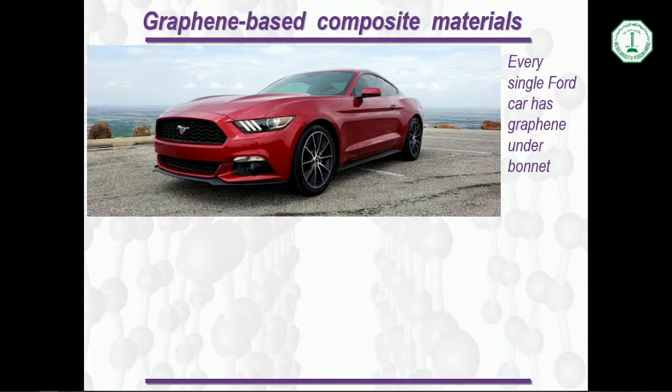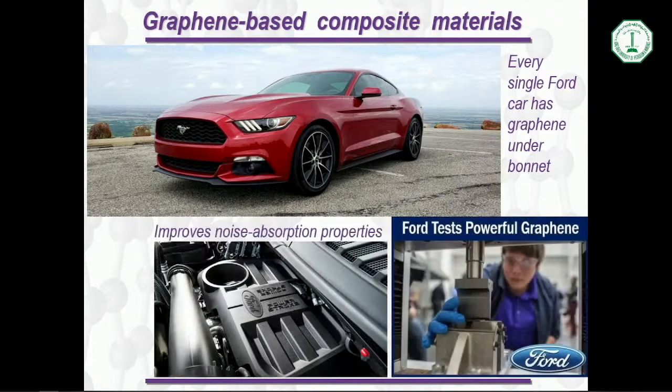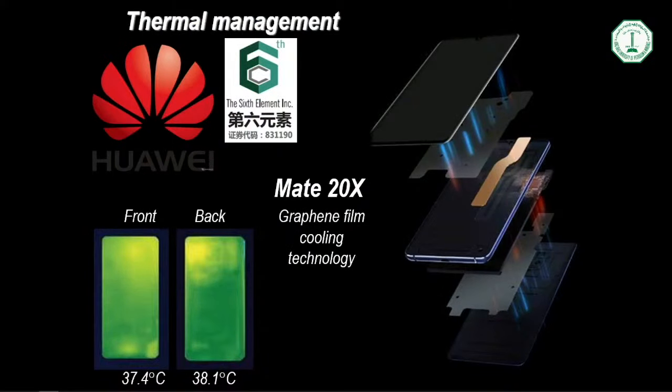Every single Ford car would have graphene under its bonnet, mainly for noise cancelling properties, and then going towards more electronic applications. Most of the Huawei phones would use graphene these days for thermal management, because it has the highest thermal conductivity among any materials.